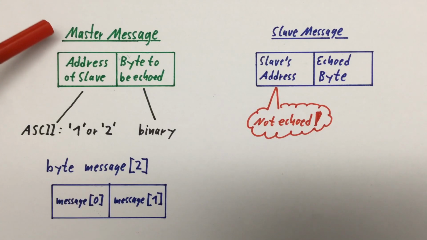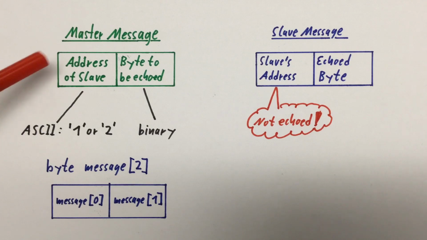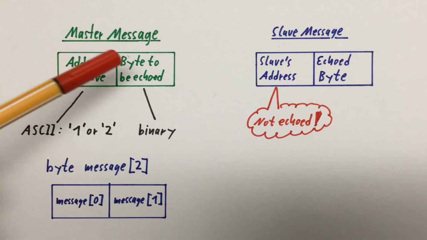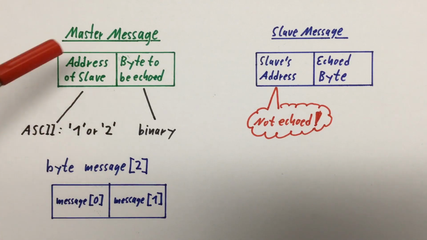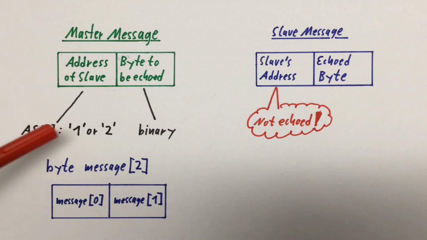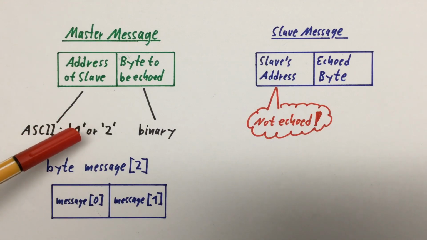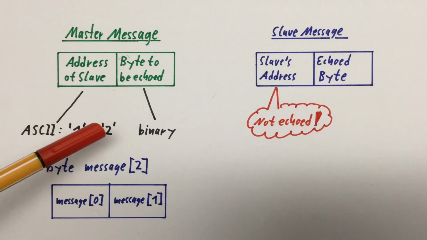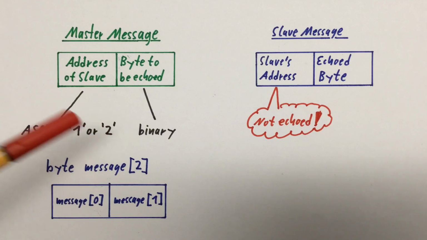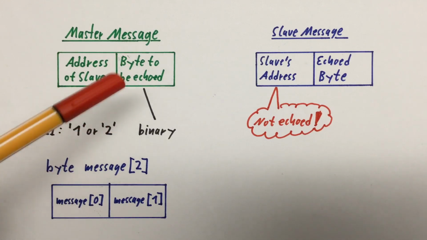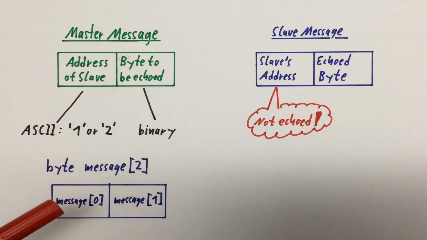So our master message consists of 2 bytes, the address of the slave and the byte to be echoed. As an address, we will use ASCII characters, so 1 for our first slave and 2 for our second slave. The byte to be echoed will be binary as before.